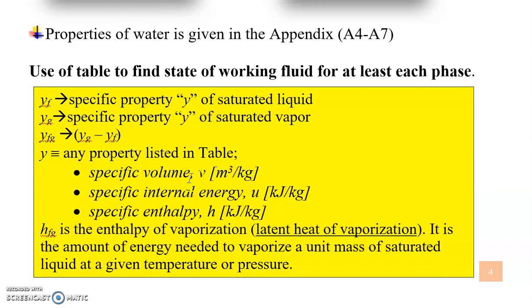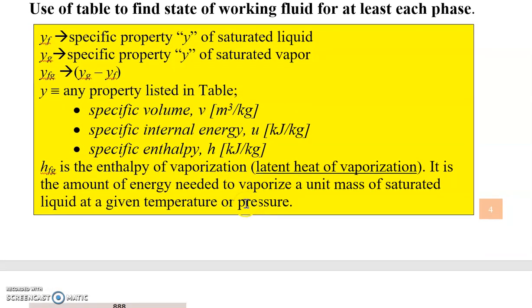It could be specific volume, specific internal energy u, specific enthalpy. Watch out for the units. Where hfg is the enthalpy of vaporization. It's the latent heat of vaporization. It is the amount of energy needed to vaporize a unit mass of saturated liquid at a given temperature or pressure.